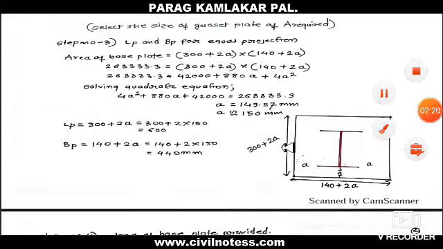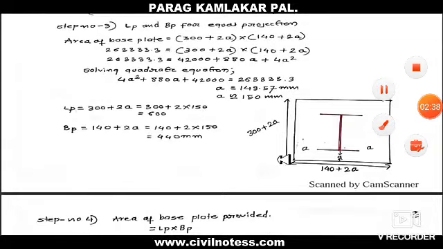So LP is equal to 300 plus 2A, which gives LP as 600, and BP as 140 plus 2A, which gives 440. So we have the base plate dimensions, length and width, as 440 into 600, but we don't have the thickness.